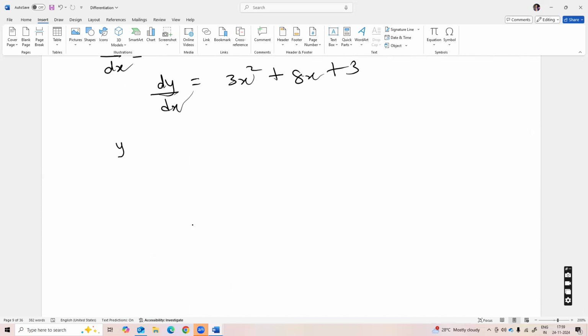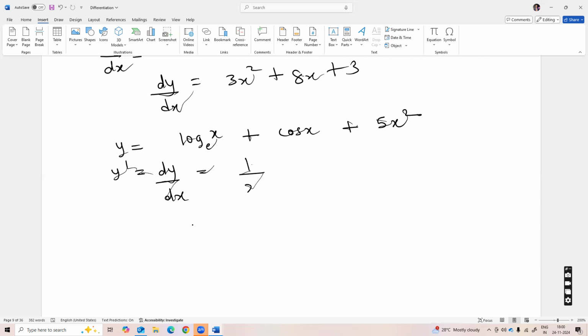Like if you have y is equal to log x plus cos x plus 5x square, then its derivative y dash, which is equal to dy by dx, can be written as: the derivative of log x is 1 upon x.